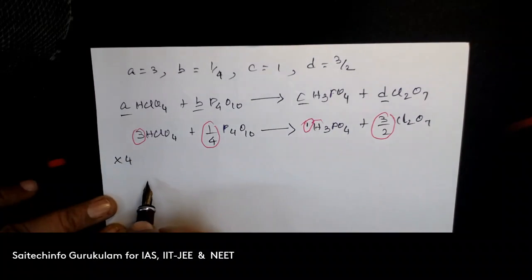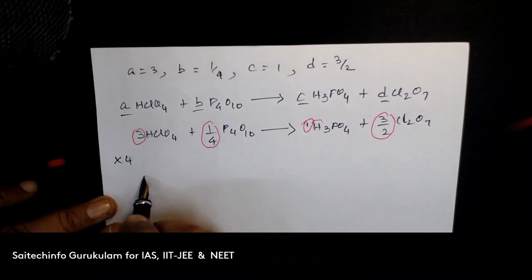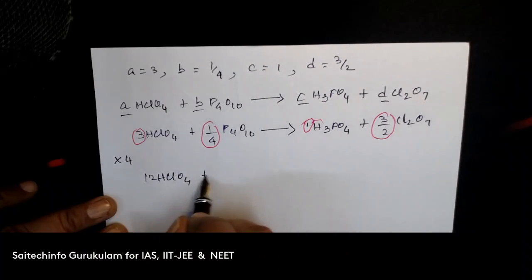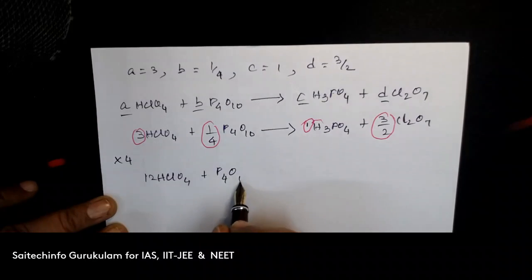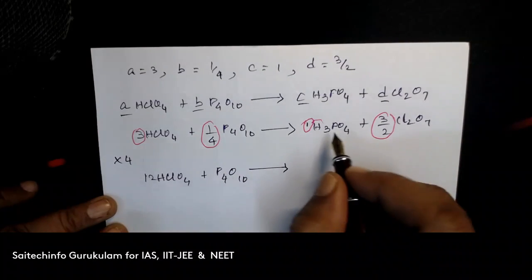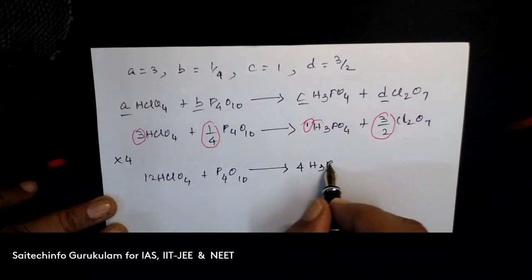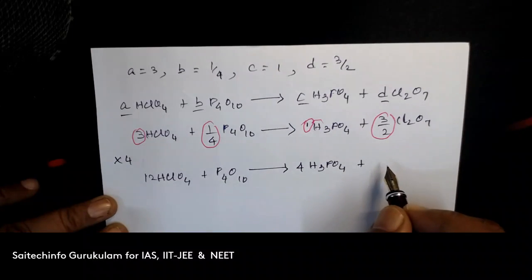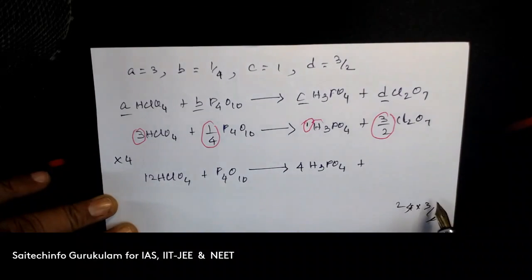Now you have 4 into 3, 12 HClO4 plus 4 into 1 by 4, 1 P4O10 gives 4 H3PO4 plus 4 into 3 by 2, which is 6 Cl2O7.